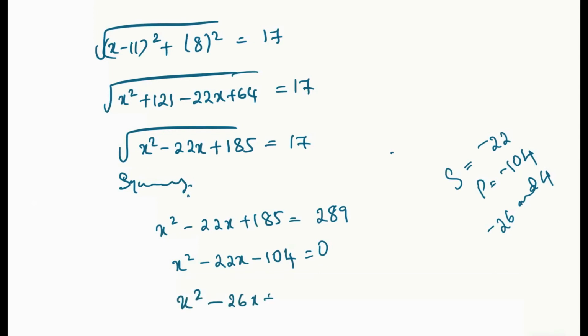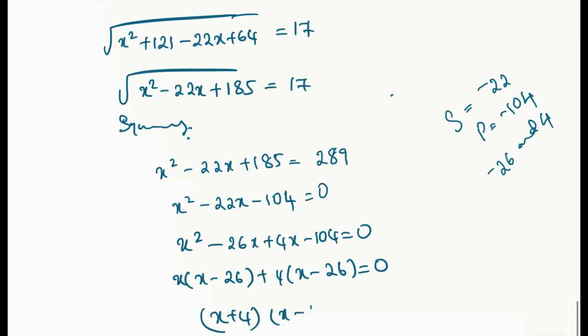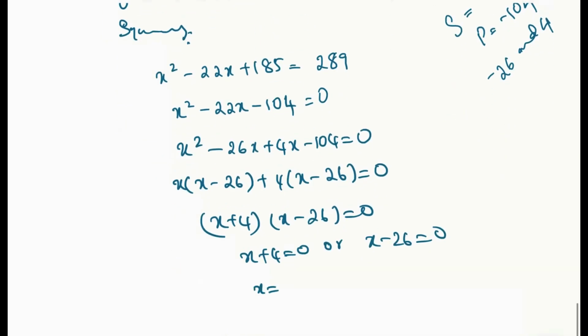So x square minus 26x plus 4x minus 104 equal to 0. x is common: x minus 26 plus 4 is common, so (x plus 4) into (x minus 26) equal to 0. x plus 4 equal to 0 or x minus 26 is equal to 0. So you can take either x is equal to minus 4 or x is equal to 26.